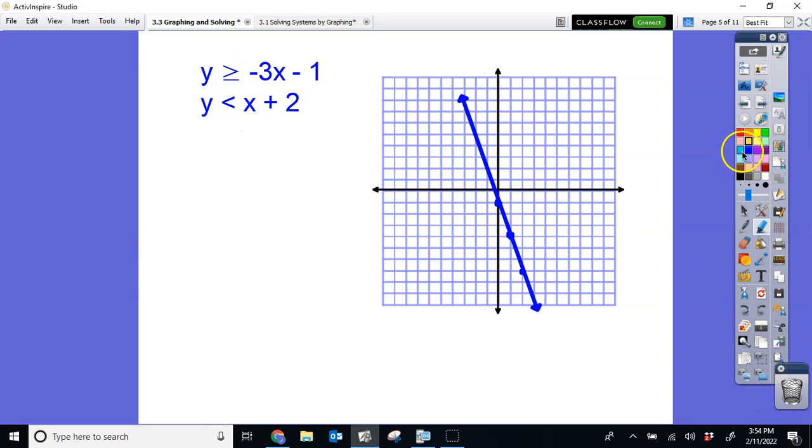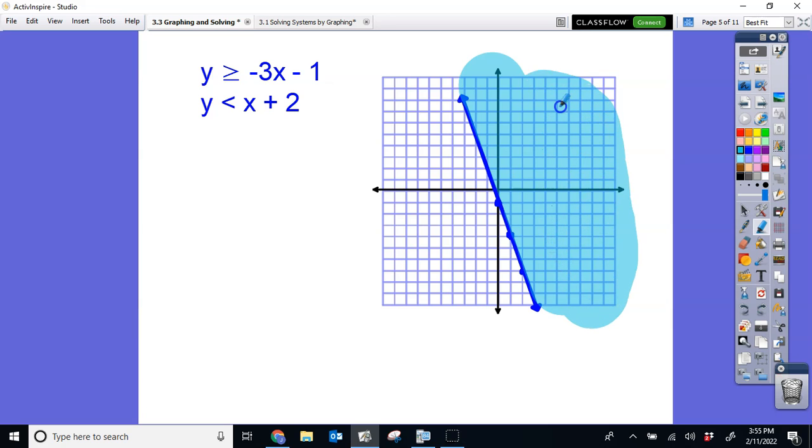Now remember what I said. I gave you a little clue in class. I said take it, put your finger on the line, and shade above the line. This would be all the solutions for that inequality. The problem is, we want to know where all the solutions are for the whole system of inequalities, not just one inequality.